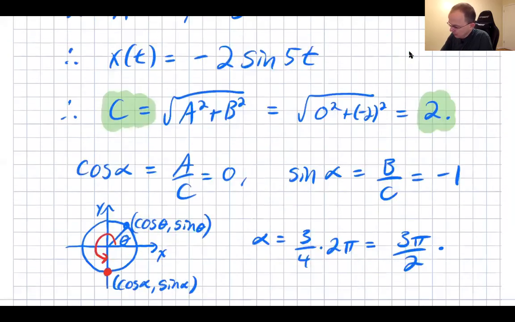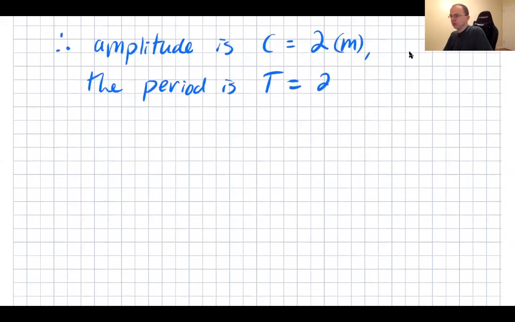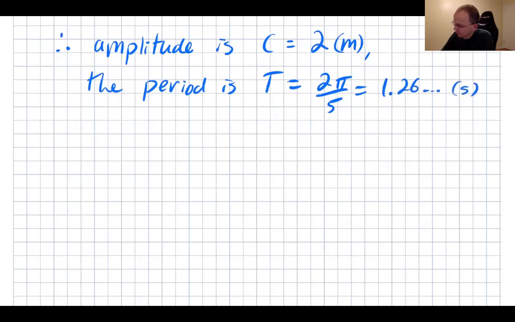So 2 pi over 5, and let's calculate that. Two pi divided by 5 is about 1.26, so it's 1.26 and so on seconds.